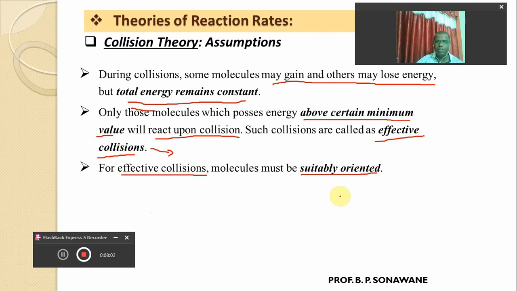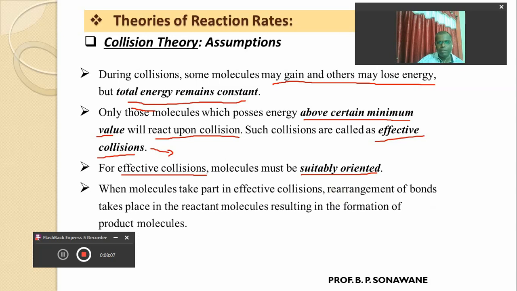Then and only then this collision will be called an effective collision. And when the molecules take part in an effective collision, the reactant gets converted into product. It means that it is going to react, and it will be responsible for forming the product.